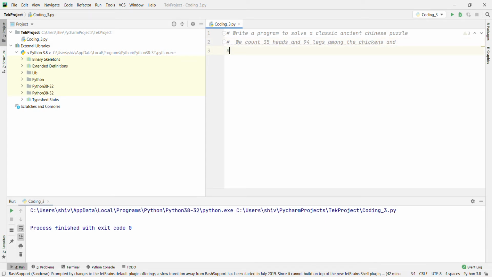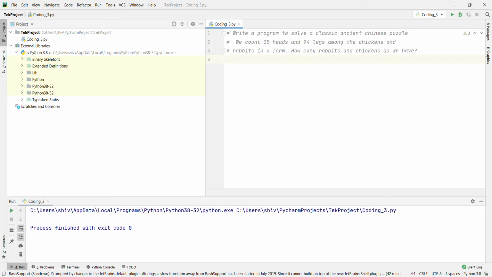Okay, this is the puzzle, the classic ancient Chinese puzzle.